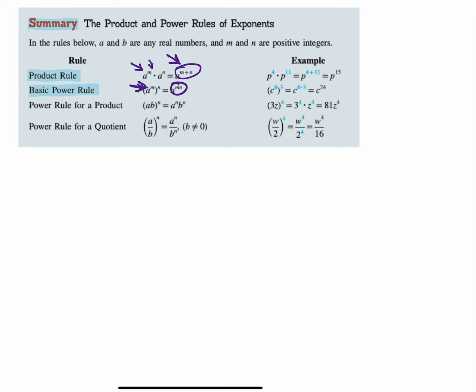This raising of a power becomes multiplication. Just little tricks to try to remember. And then we saw if we have two things multiplied, so that's what they're calling a product. If a product is raised to a power, the power distributes to both terms. And same for a quotient. If we have some fraction raised to a power, it distributes to the numerator and denominator.